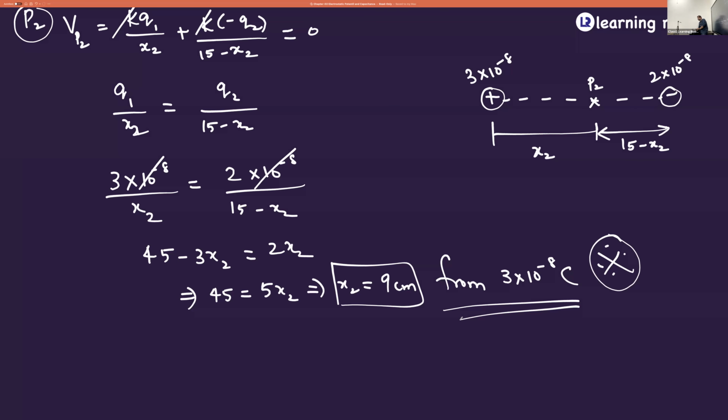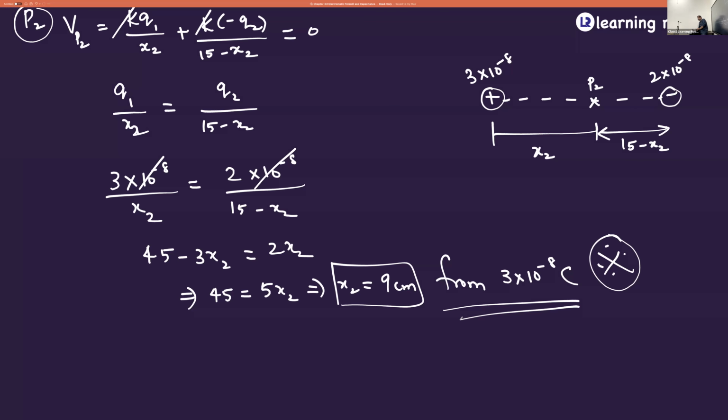Did you take minus here? So did you write it as 2 into 10 power minus 8 only? So here it would have been 15 plus x3 and this would have been x3. You swapped it. Done. So I'll do it and see.